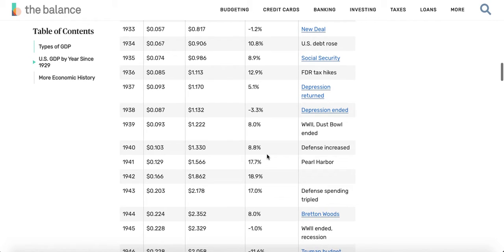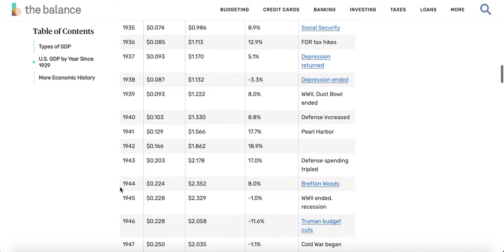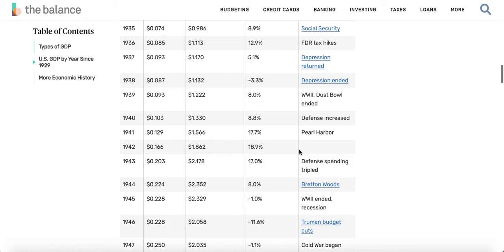So we have 17.7% in 1940, 19% in 1941, 17% in 1942, and 8% in 1943. So defense spending tripled.